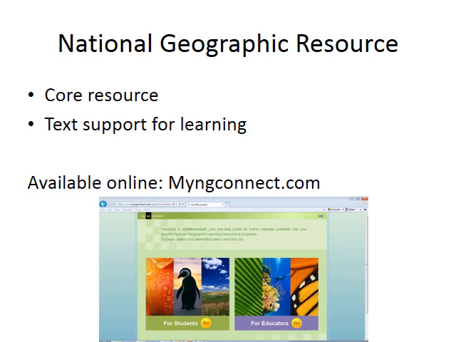The text is also available online through the website ngconnect.com. On the website, students and families have access to the student textbook, an image library, vocabulary games, and much more. Please refer to your packet for the login information on ngconnect.com.